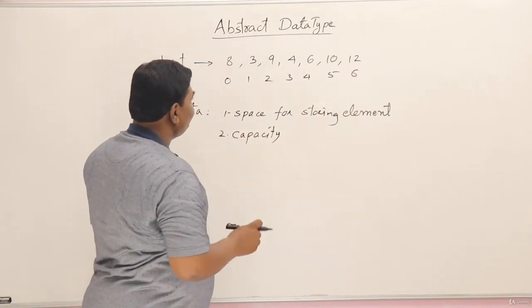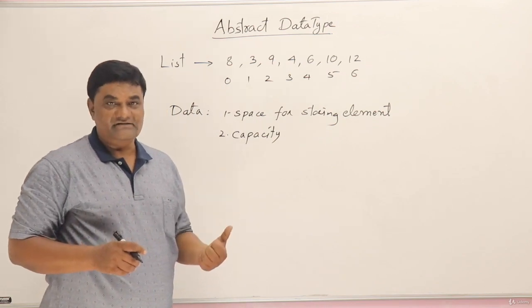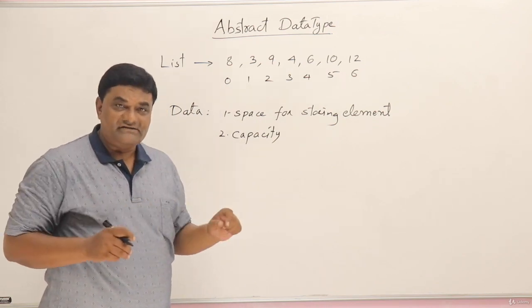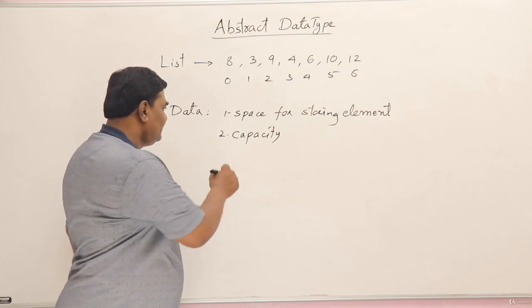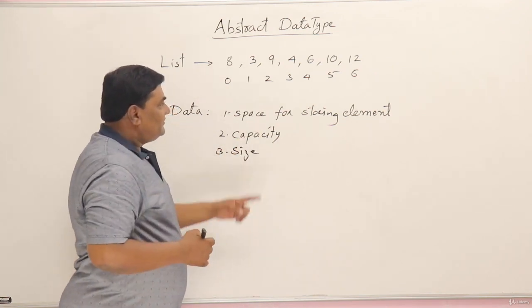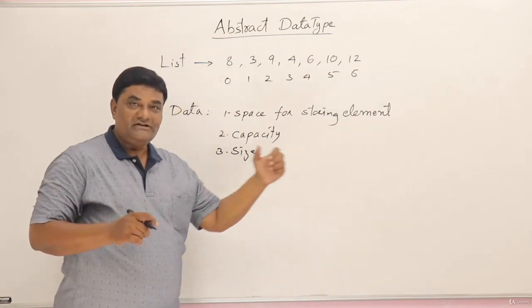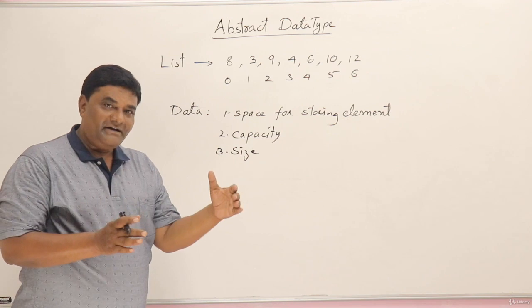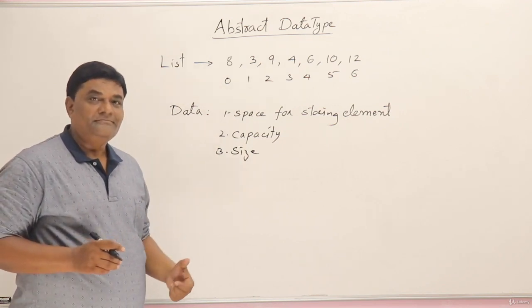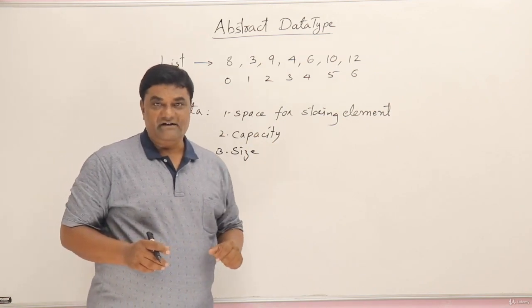Then the third thing is, inside that capacity, how many elements I already have in the list, that is the length or size of the list. So for representing this list, I need three things: space for storing the elements, its maximum capacity, and its size, that is the number of elements it has.